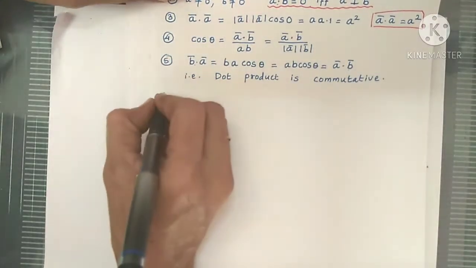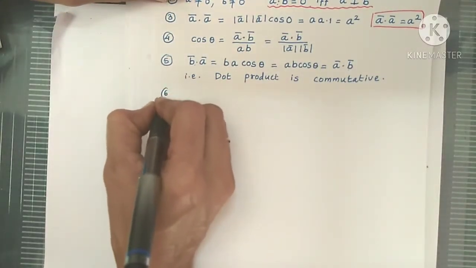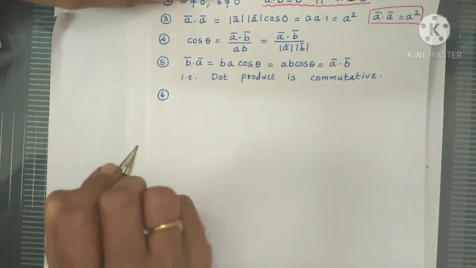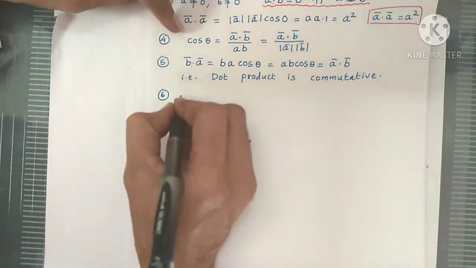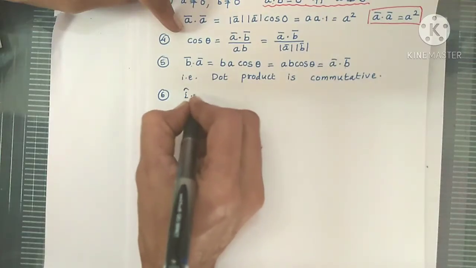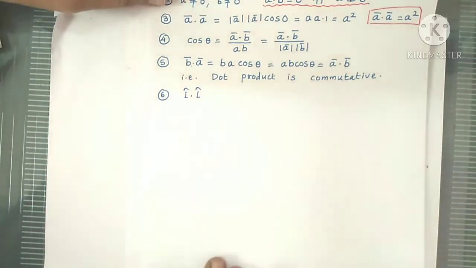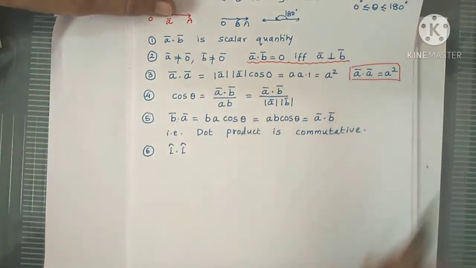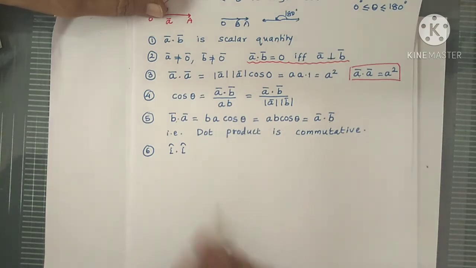So if I write a bar and b bar in terms of i, j, k, then what will be the dot product? For that, first of all, let's write the dot product of the unit vectors i cap, j cap and k cap. If I consider i cap dot i cap, now here in this result we have a bar dot a bar is equal to a square. That means a bar dot a bar is modulus of a bar square.